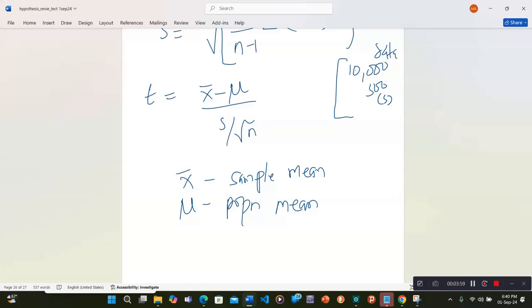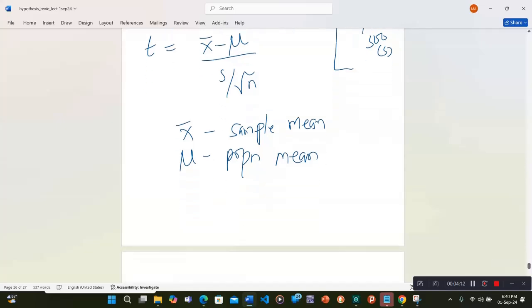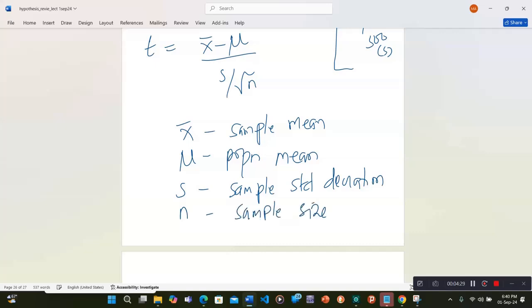So if you have the mean of this population, this is the nu. If we have the mean of this sample, the 500, then that will be the sample mean. The other one is S, which is the sample standard deviation. n is the sample size.